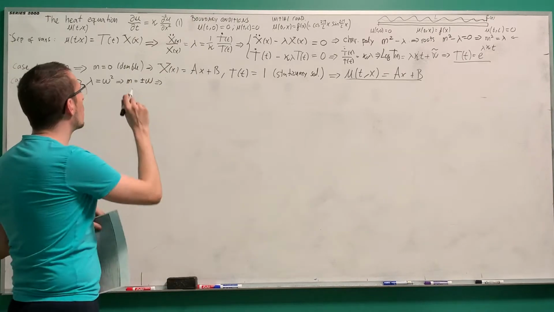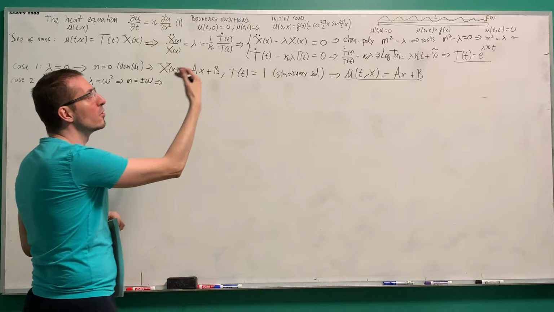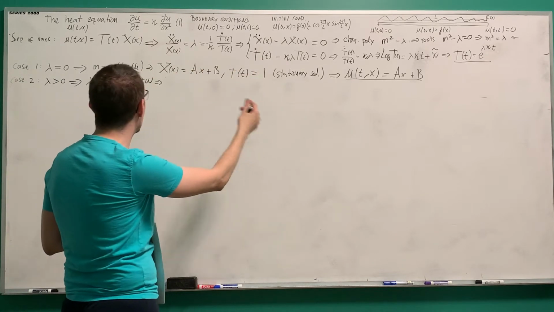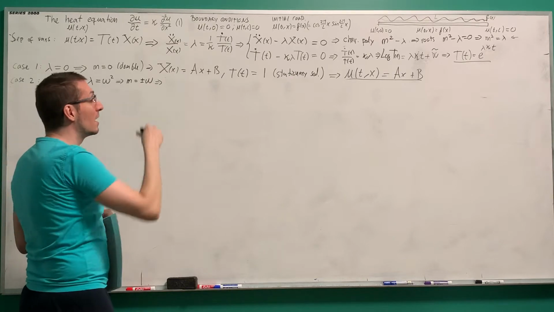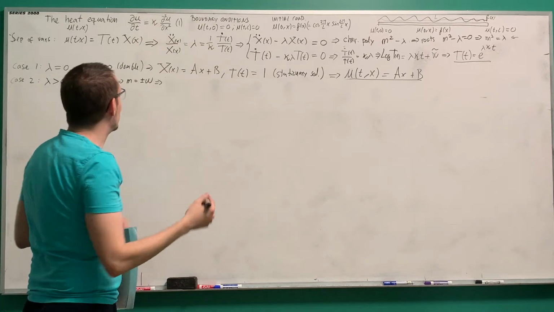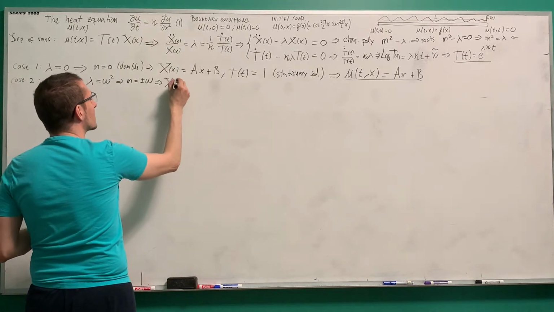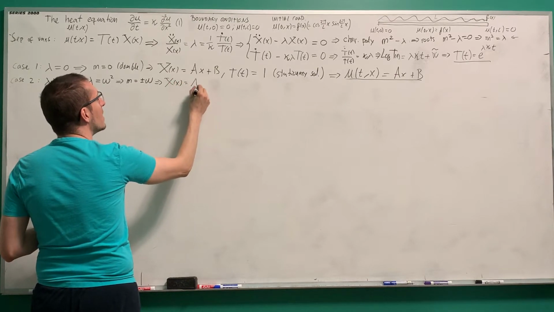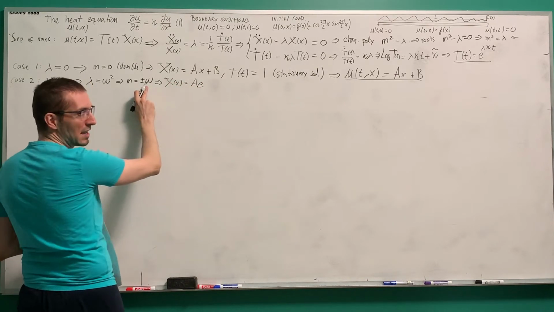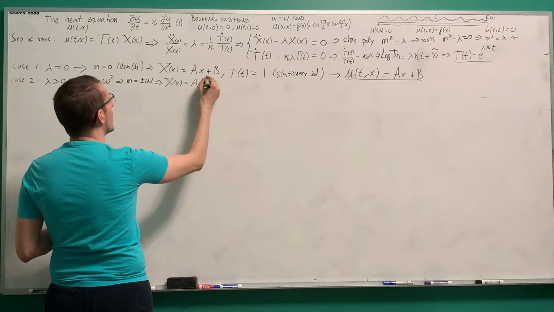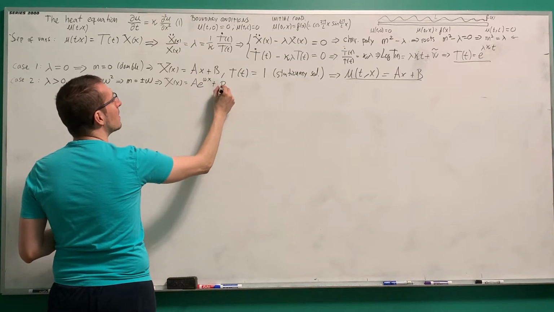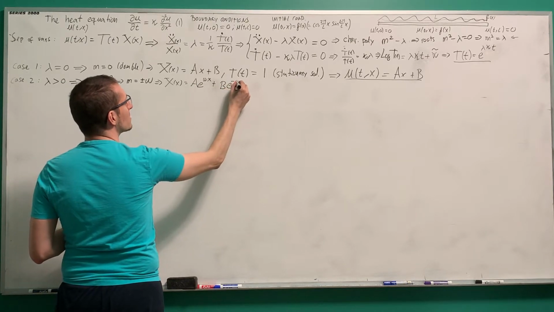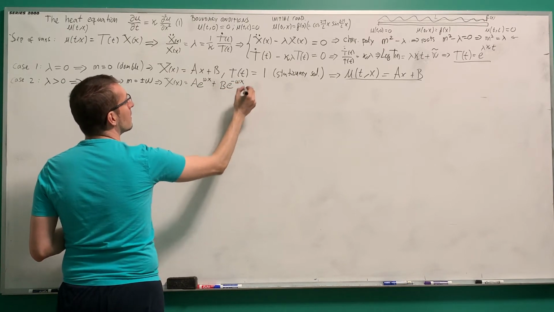Two real roots. We know from our second order linear ODEs of constant coefficients that when we have two real roots, the solution is going to be some exponentials, right? And then we get that X of x is a times the exponential of the first root, which is positive omega x, plus b exponential of the second one, which is minus omega times x.